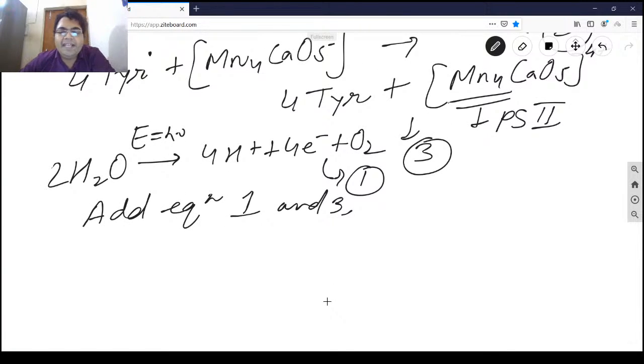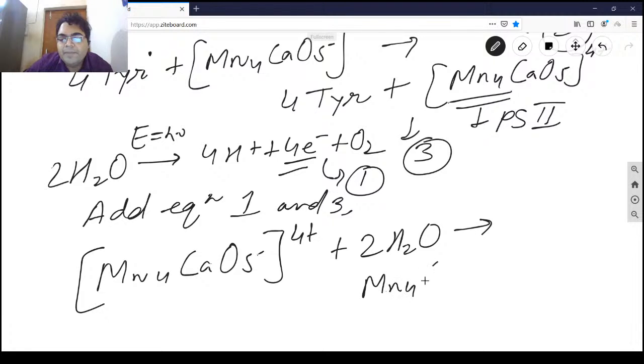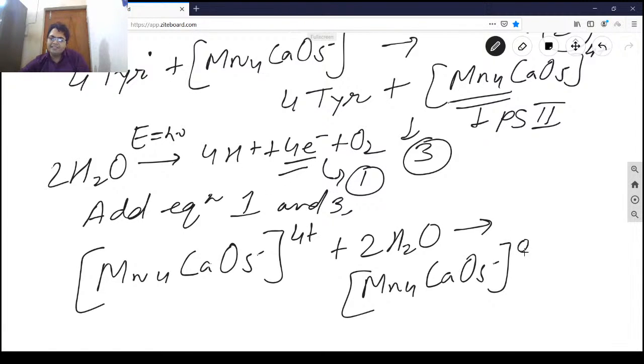You get Mn4CaO5 4 plus and 2H2O, and the 4 electrons will reduce it to Mn4CaO5 with charge 0 again, because it has got 4 electrons from here. What is remaining is 4H plus and 1 O2.